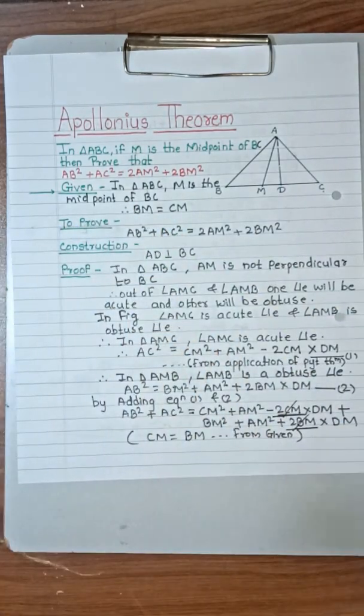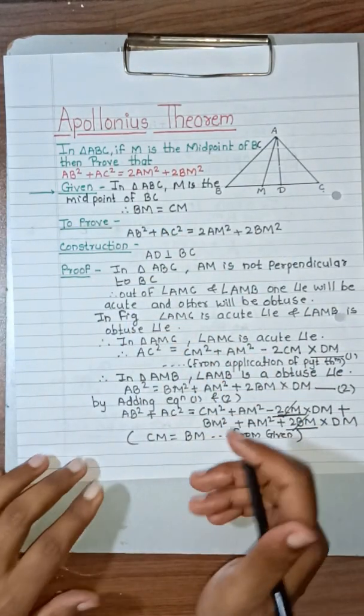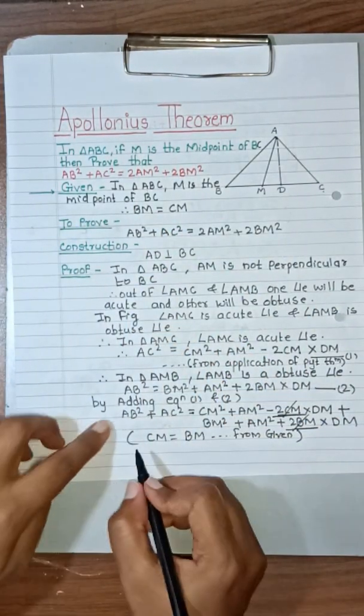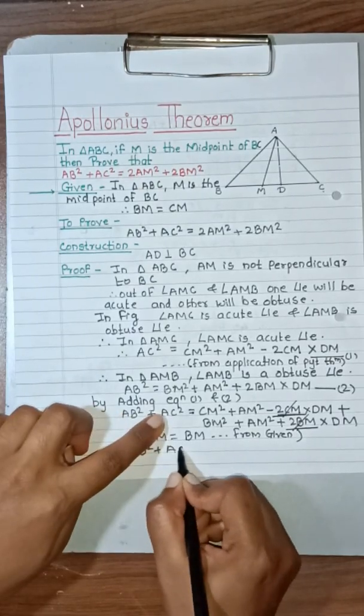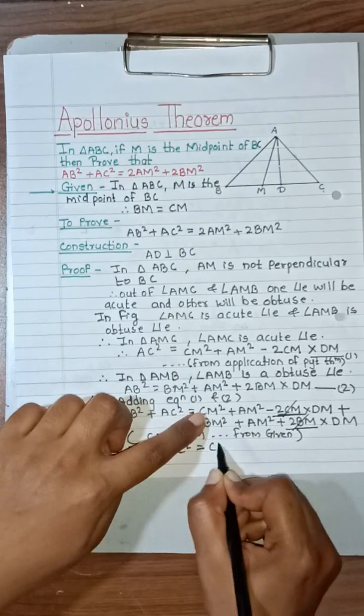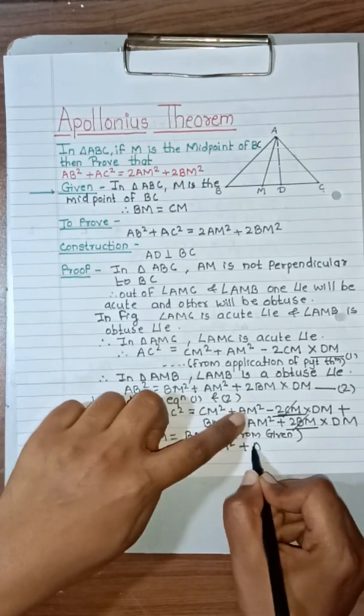Now your equation will be AB square plus AC square is equal to CM square plus AM square.